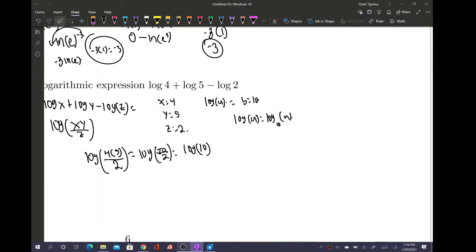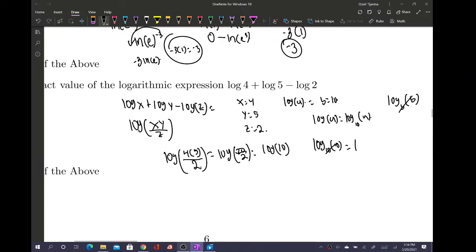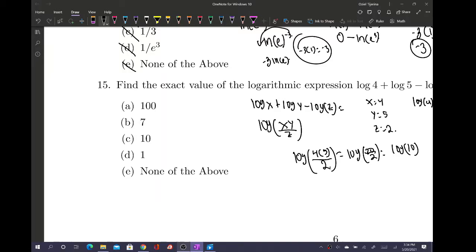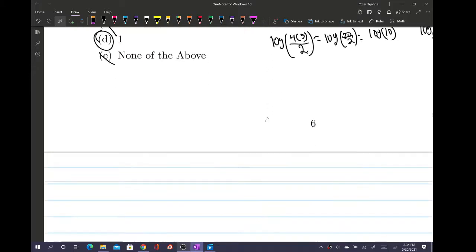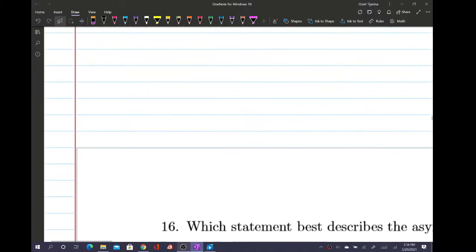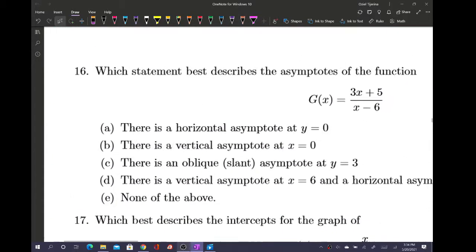So if we have log base 10 of 10, you can use the rule that log base b of b is 1. So your answer to this one is 1. Okay, so that was number 15. All right, number 16.